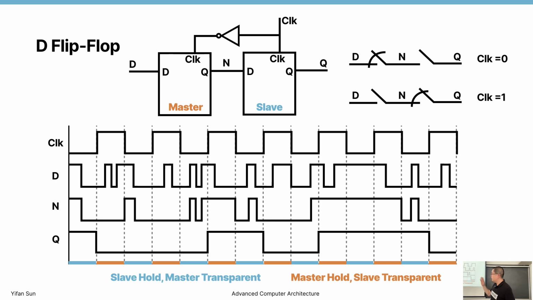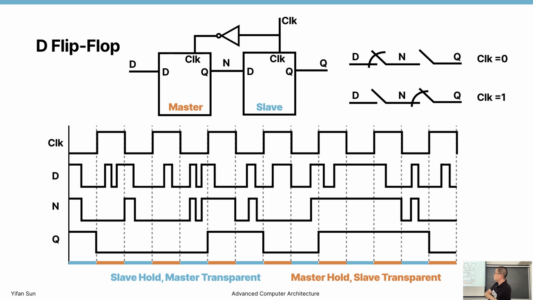What we know here is that on half of the duty cycle, when the clock is low, our signal can flow from D to N, no problem, right? On the other side, our signal can flow from N to Q at a certain time.